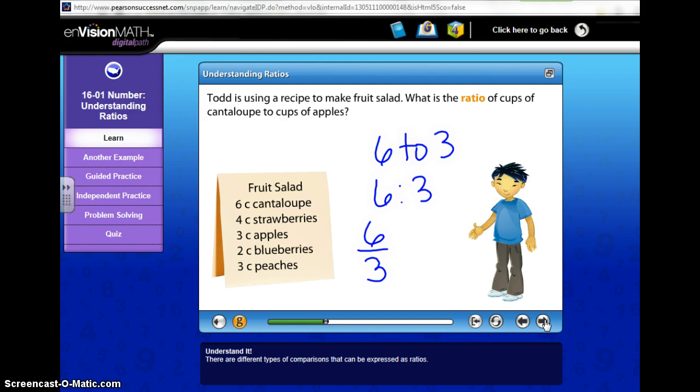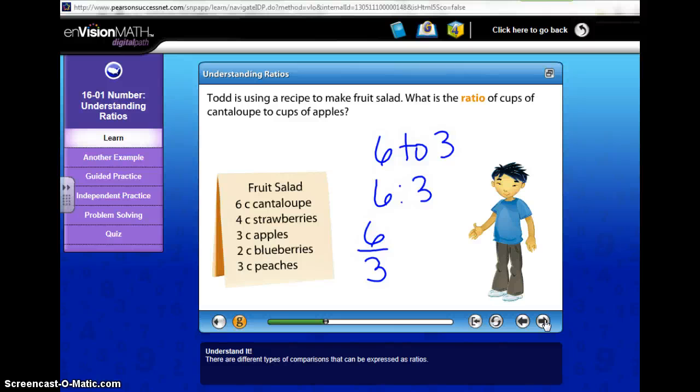Pretty easy, right? Now, if we wanted to find a ratio that's the same or equal to this, it's really the same as simplifying. Okay? Now, when you read this, you are not reading it 6/3 like you would read a fraction. You say 6 to 3.